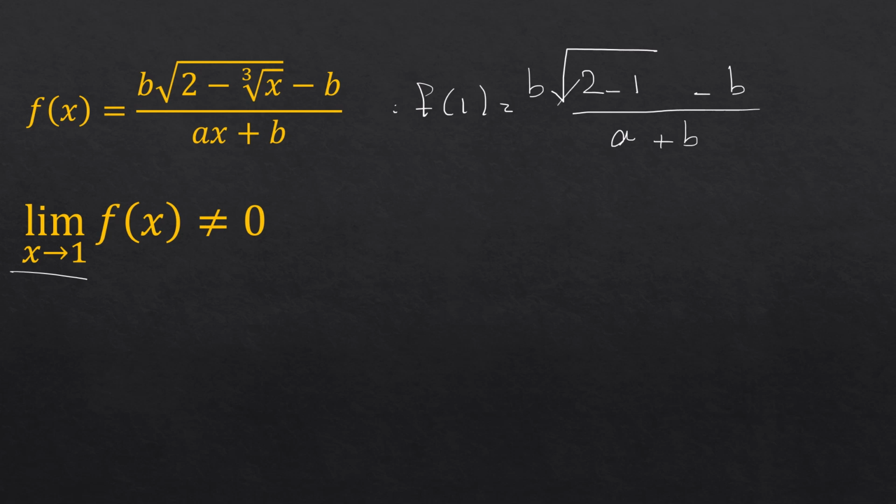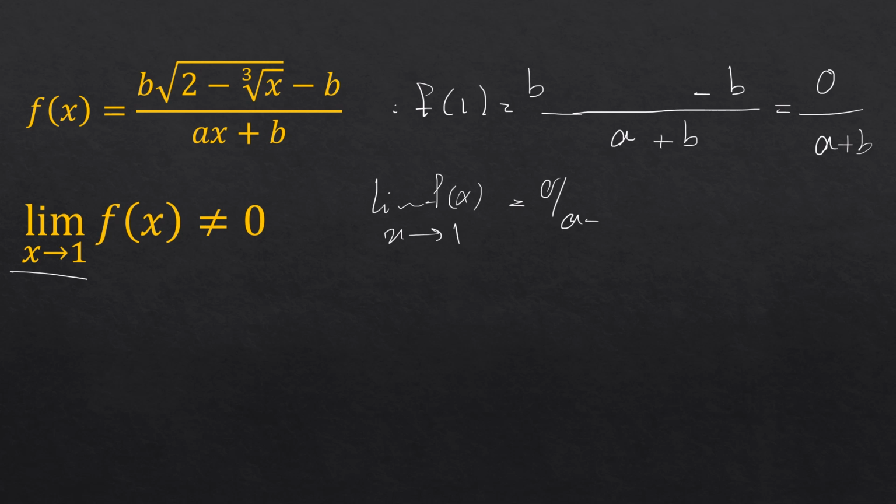Well, we know that this equals 1, so what we have here is b times 1, and b times 1 is b. So in the numerator we have b minus b, which is 0, and in the denominator we have a plus b. So the limit of f of x when x approaches 1 is 0 over a plus b, and we know this cannot be 0. And this is a bit strange, isn't it?